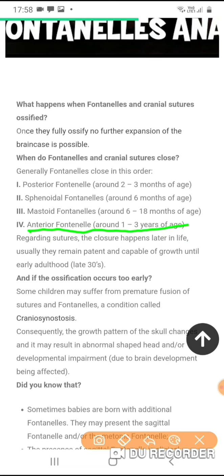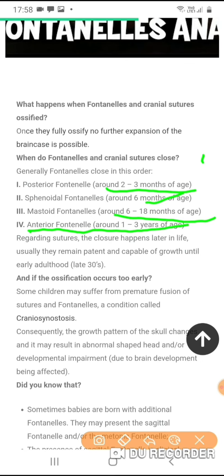The posterior fontanel closes about 2 to 3 months of age, the sphenoidal fontanel closes around 6 months of age, and the mastoid fontanel closes at 6 to 18 months of age.